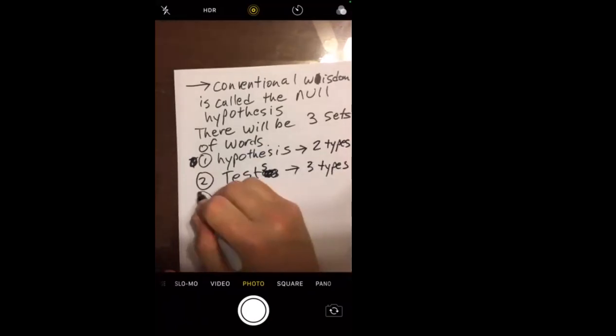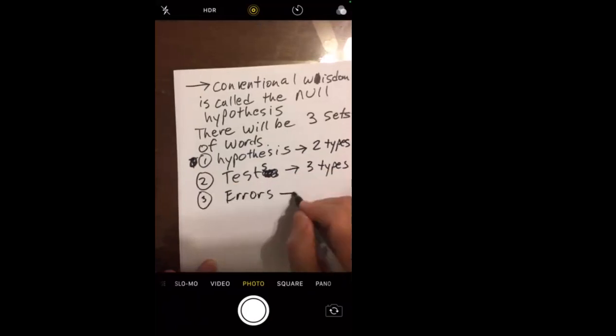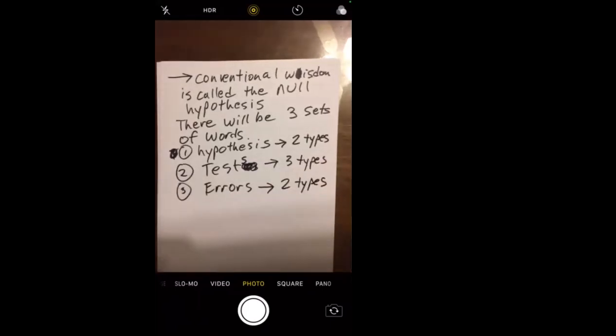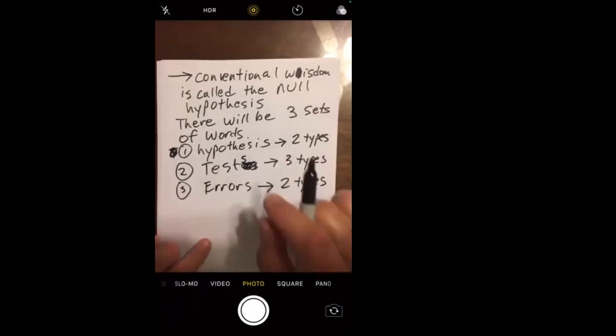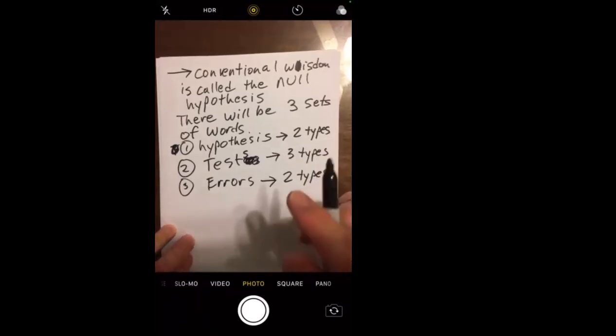And the third kind of word is errors. There are two types. As you can see, this gets pretty involved and technical, but it's really not that hard. Let's charge into the hypotheses.